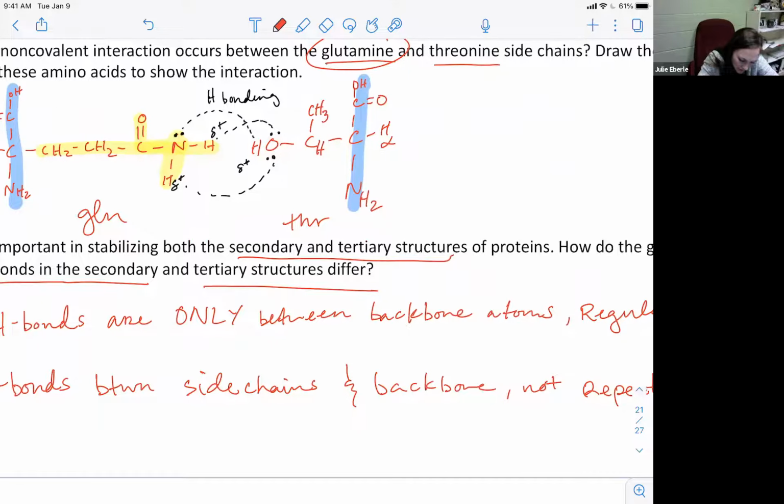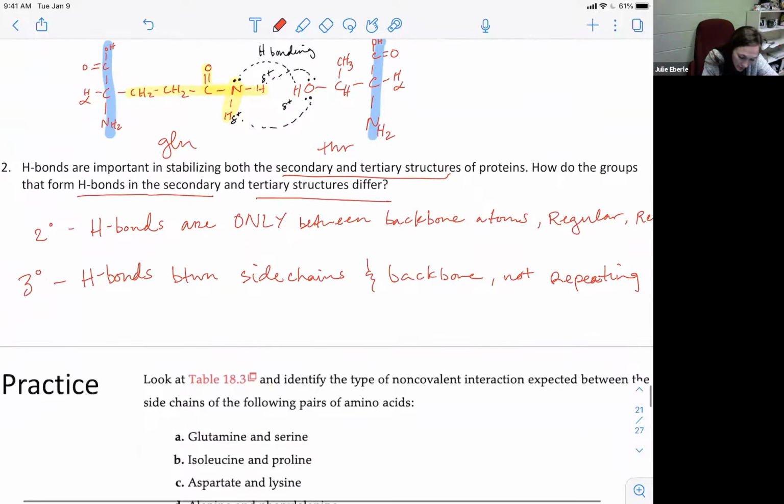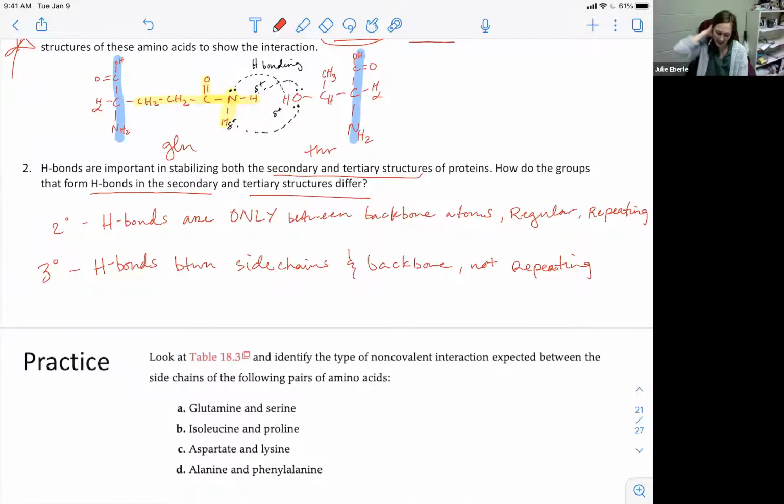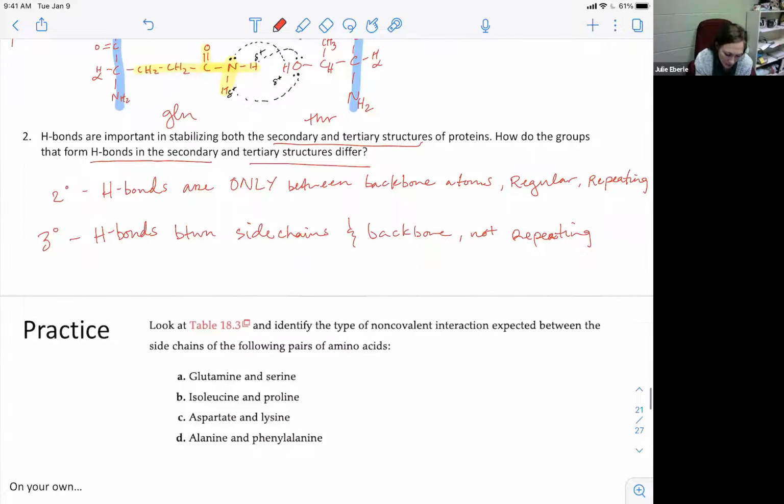That's threonine. Serine is what I did have drawn. If the side chains are very similar, the interaction is probably similar, right? Between glutamine and serine should be the same kind of interaction you would get between glutamine and threonine. So you would get hydrogen bonding between the side chains of glutamine and serine, because the functional groups are just the same.